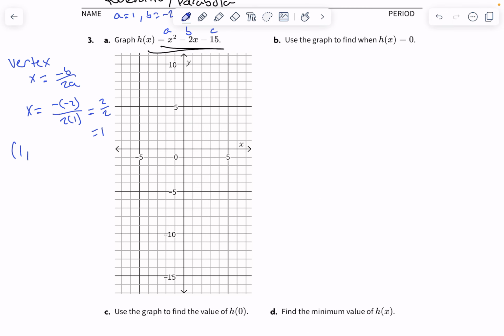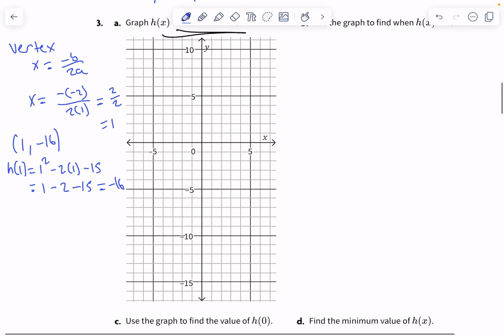So h of 1 is equal to 1 squared minus 2 times 1 minus 15. 1 minus 2 is negative 1. Negative 1 minus 15 is negative 16. Okay? So then my vertex is 1 comma negative 16.